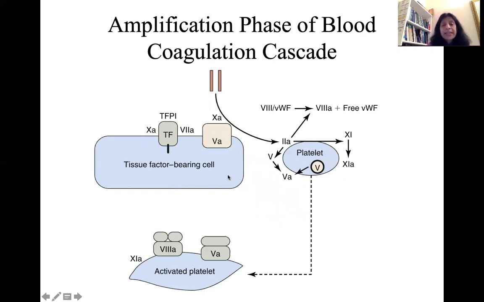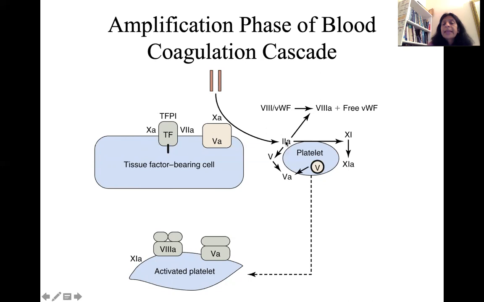You understand this part already: tissue factor along with factor 7, and activated factor 10 along with 5, activating factor 2, that is prothrombin, to thrombin.